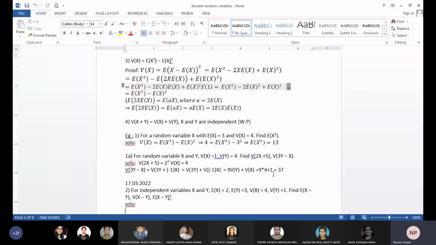The second one had an important thing, that was variance of 3y minus x. What was the important thing in it? The important thing there was that there was a minus in the middle. So when you apply the property of the variance, we will get the answer as variance of 3y plus variance of x.